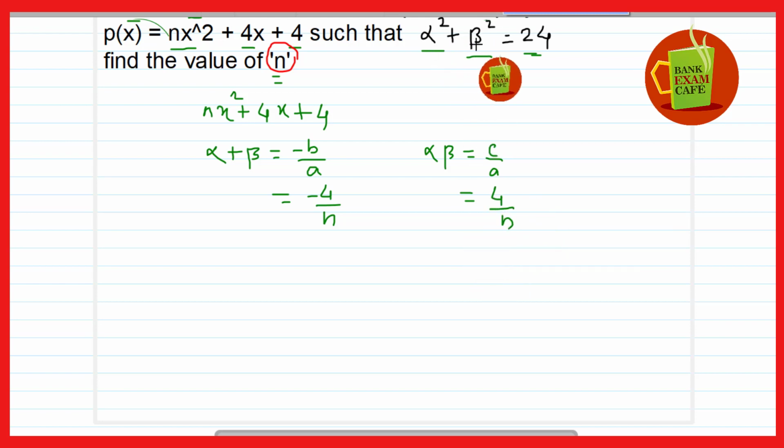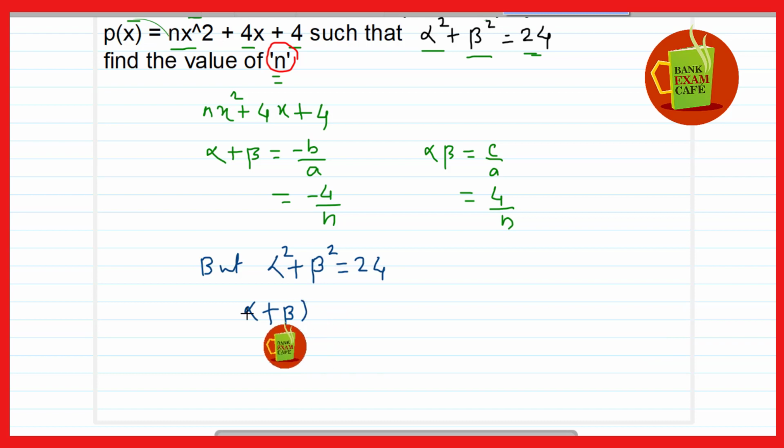But it is given that alpha square plus beta square is equal to 24. Here alpha square plus beta square we can write as alpha plus beta bracket square minus 2 alpha beta, equal to 24.